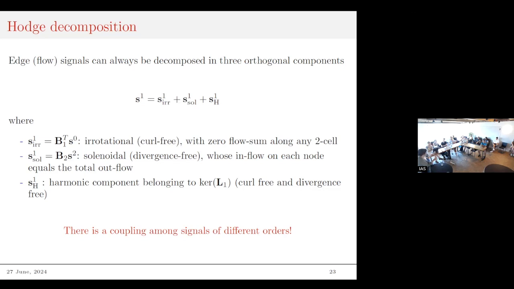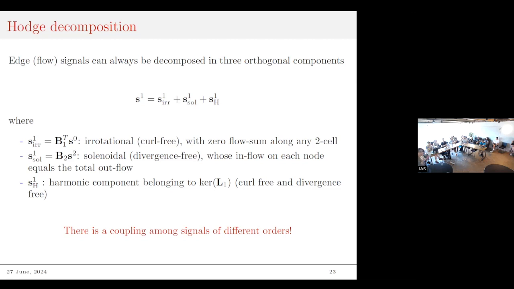For the complementary part, the solenoidal part, instead, it depends on the cells that are present in the complex, and we can identify circulation of the flow of the information along the cell. And these are instead divergence-free, which means that all the flow in the node is equal to the flow outgoing from the node. And then we have the harmonic component that can be represented by using eigenvectors in the kernel of the Laplacian.